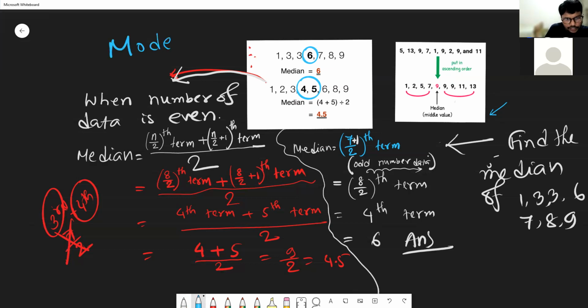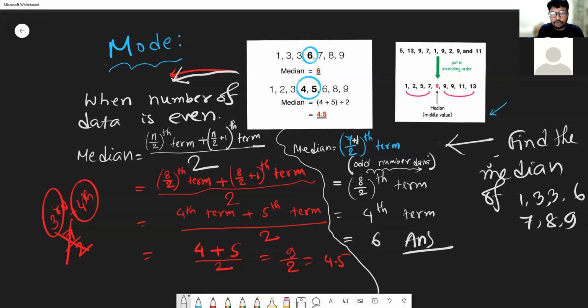Mode. This is another new word: mode. What do you know? What is the mode? No. Mode means the number which repeated the maximum times. The data which repeated the maximum times is called the mode. Okay. In the first slide, which number repeated the maximum times?